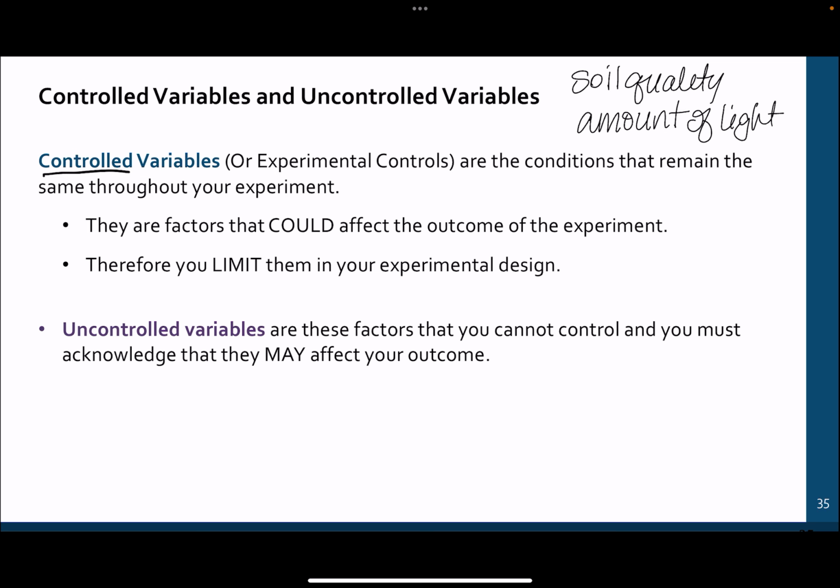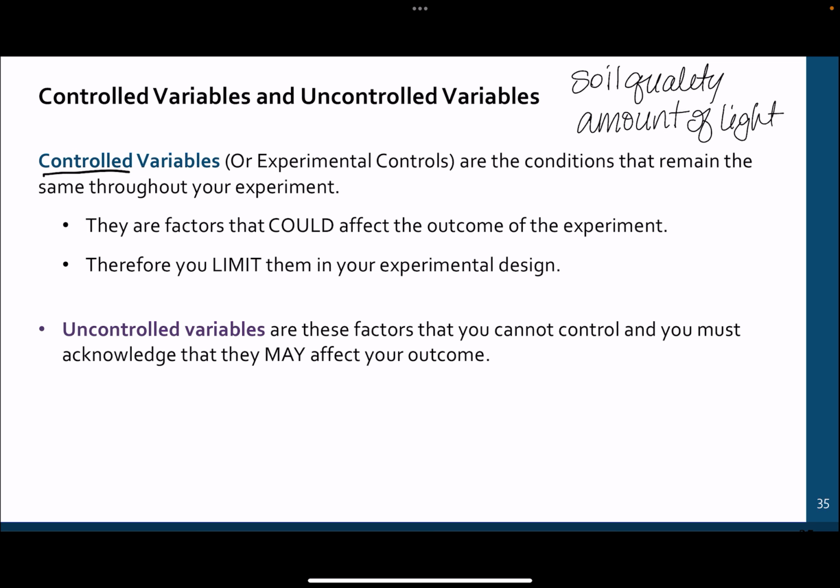So for this plant experiment, maybe you have only a small amount of room on the shelf by your window, and one of your plants is getting a little less sunlight than the others. And there's nothing you can do about it because there's no other window available in your laboratory.